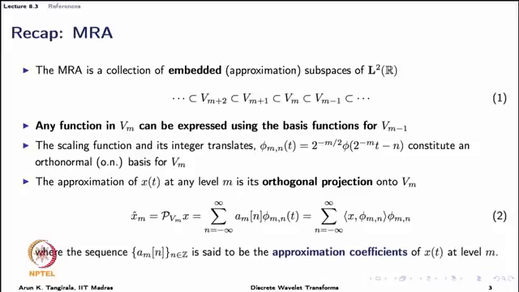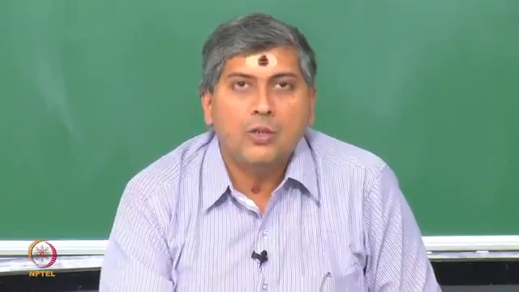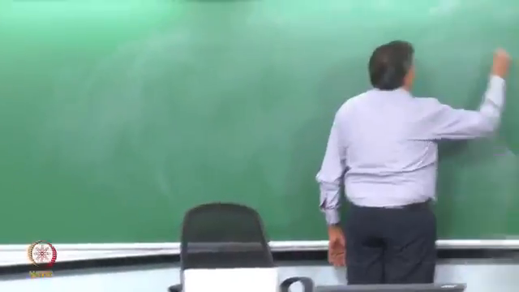This Vm is embedded in Vm-1, because m-1 corresponds to a finer resolution or a finer scale, and in turn Vm contains the coarser approximation Vm+1 and so on, and you extend these nested subspaces with m running from minus infinity to infinity. So, if I were to illustrate graphically, this is how it would look.